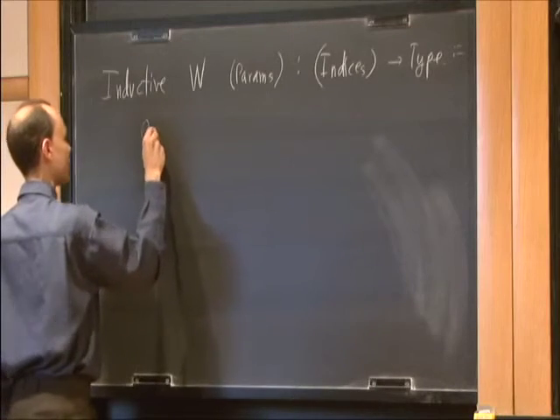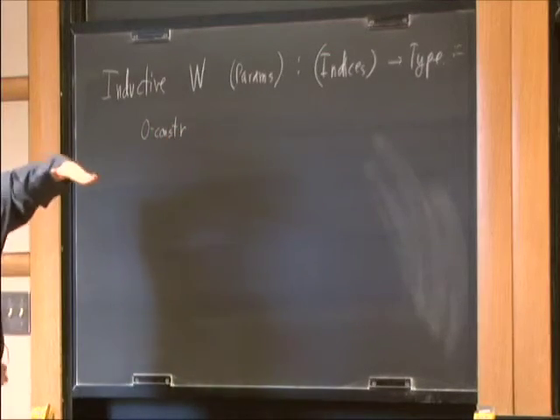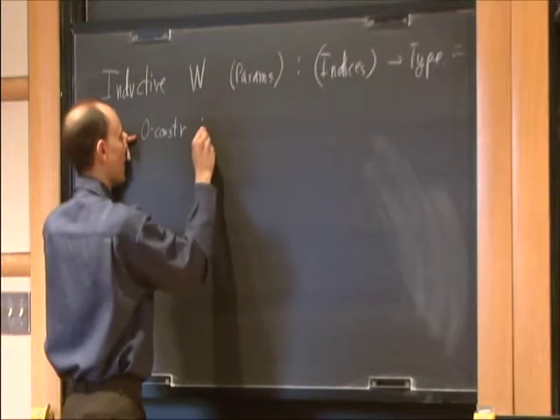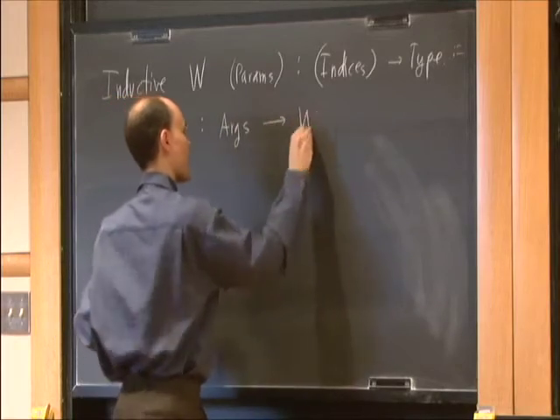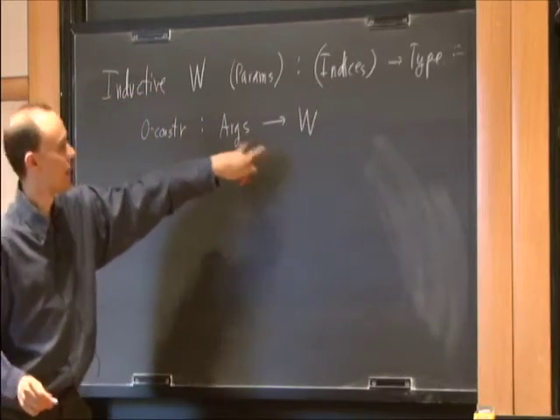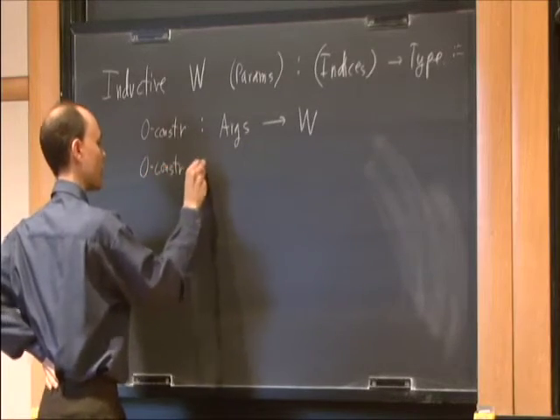In a higher inductive type, there are constructors we call zero constructors, which construct elements of the type itself. They take some arguments and then output something in the type, and maybe we have more than one zero constructor.